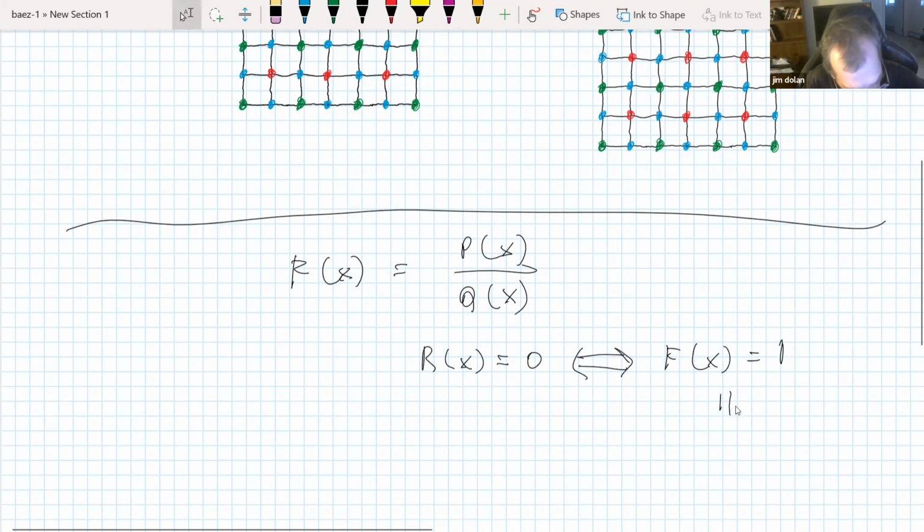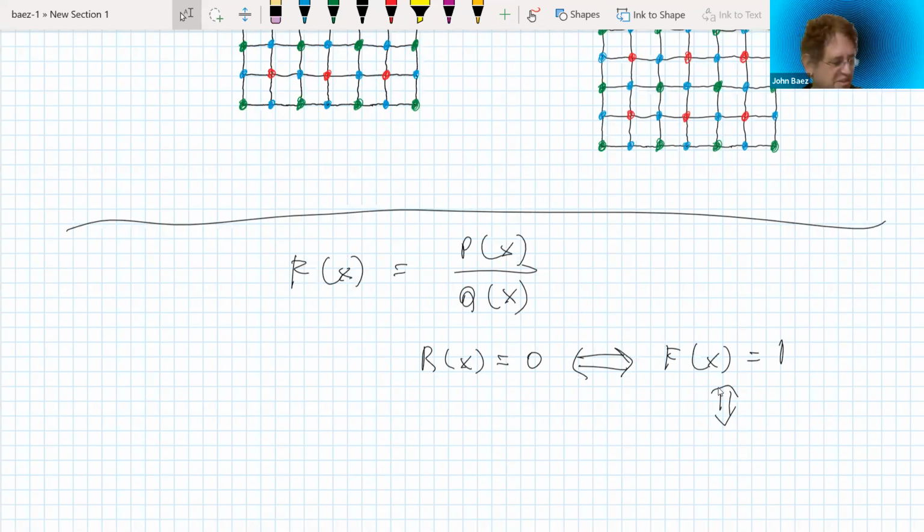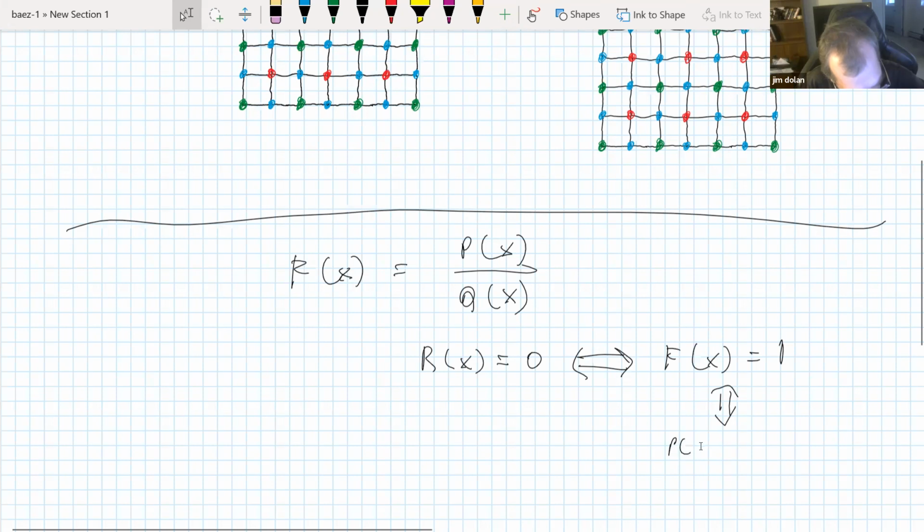So how do we say that f of x is equal to 1? We say that f of x minus 1 is 0. Well, yeah, but we could just say p of x equals q of x. Right?